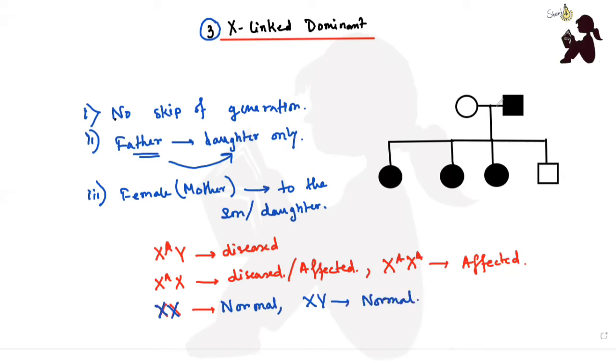Now, if we see the pedigree here, the diseased male will have the XAY genotype.